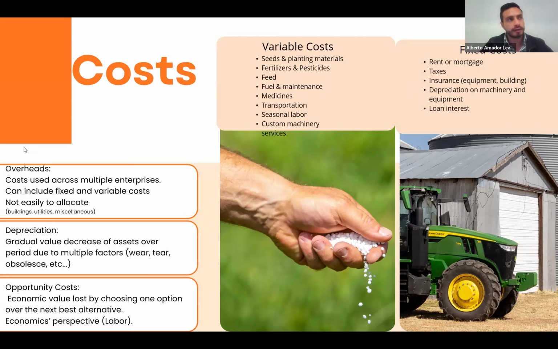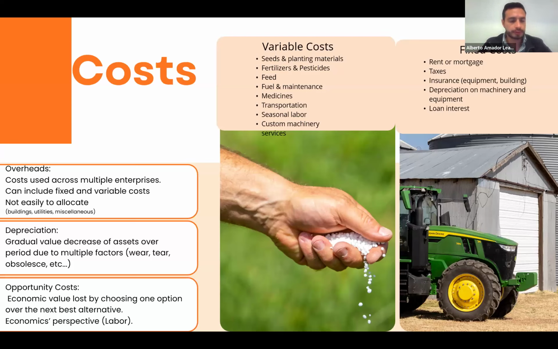It could be a cow farm that also has hay production and grain production. So there are multiple centers of cost in one farm. The costs related to those different areas are overheads.